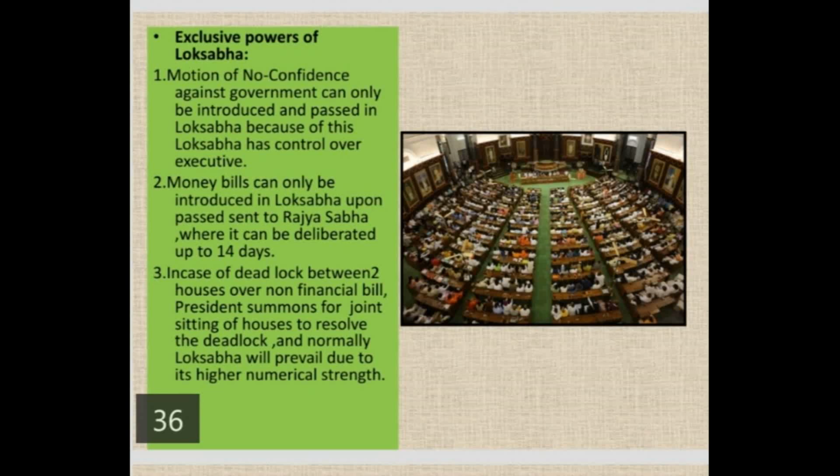When both houses sit together and try to resolve the deadlock over these non-financial bills, even then the Lok Sabha will try to dominate, because numerically the strength of Lok Sabha is more, and during the joint session, if voting occurs at the end, due to its numerical strength, Lok Sabha's say will prevail.